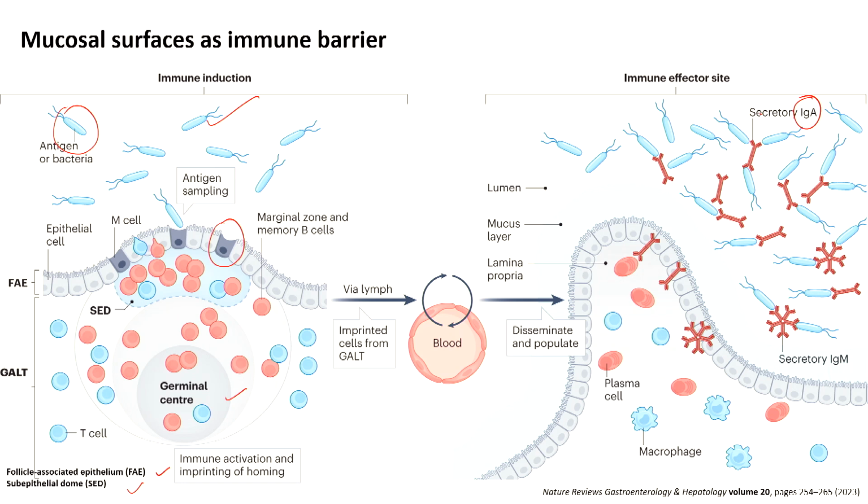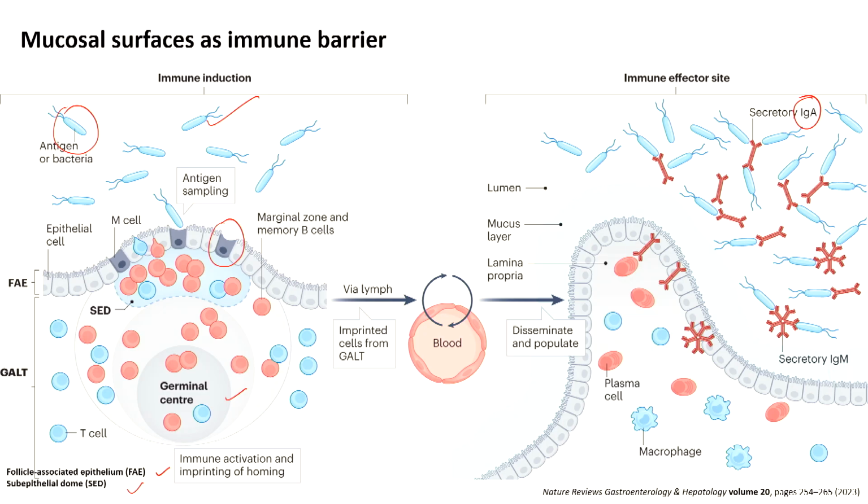So essentially, once the follicle associated epithelium is sensitized by this antigen, these antigens are processed through the M cell, the microfold cell, and processed by the antigen presenting cell, tuning the T and B cells to produce more and more cytokines and immune regulatory cells along with the antibody.